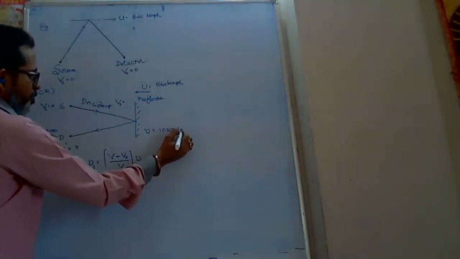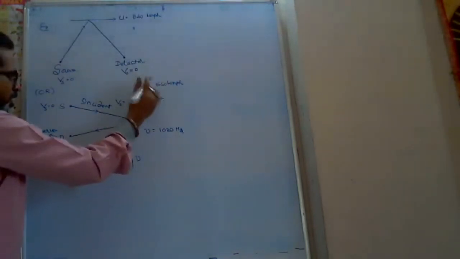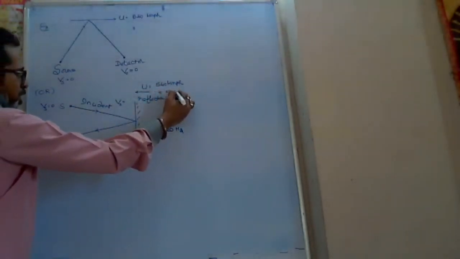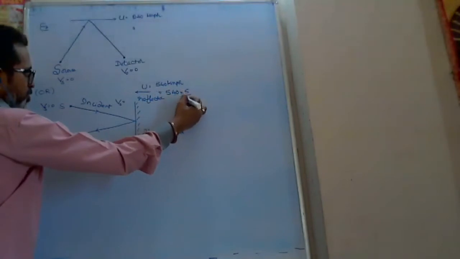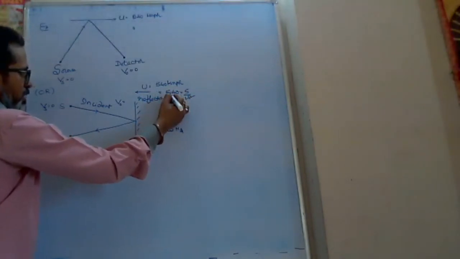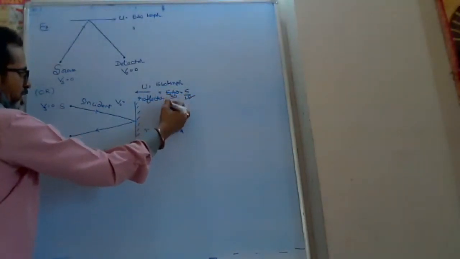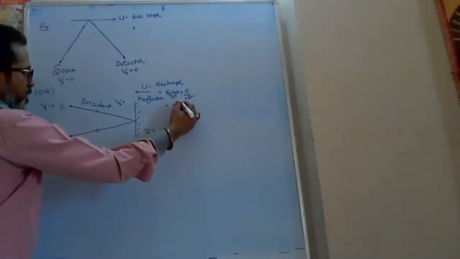The velocity of the observer is already given, 540, which we need to convert into meters per second. 540 times 5 by 18 is 150 meters per second.